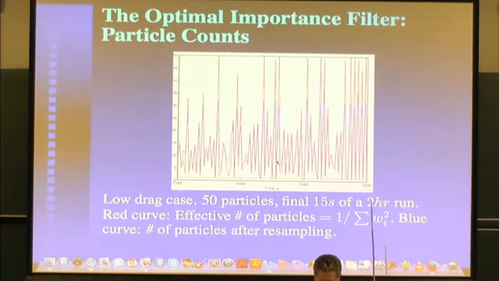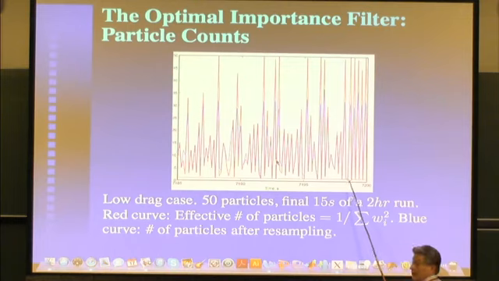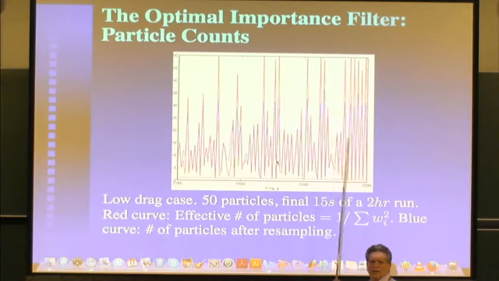Low drag again, and this is now with 50 particles, even though my analysis is actually pretty good. I do get a pretty good representation of the state vector as far as I can tell. Every now and again, and here it's particularly bad, it degenerates all the way down to 1 particle, and then reinflates back to 50 particles and back to 1 and back to 50 and back to 1, but mostly it hangs around 10 or 12.